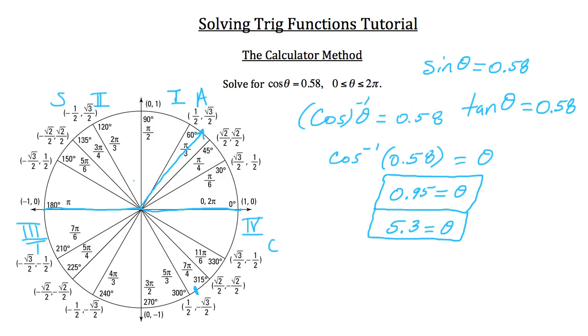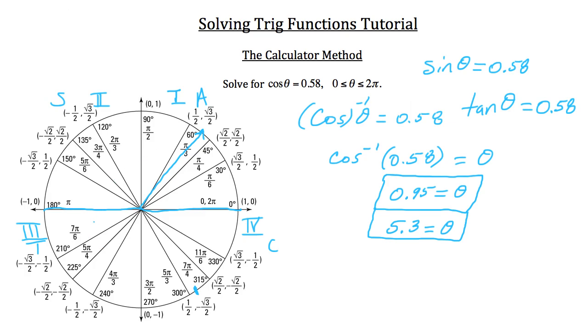Now, your calculator wouldn't have given you that second answer in quadrant 3, so the way to find it is to take pi, again, start from the x-axis, and go this direction because you want to be in this quadrant. You don't want to go up because you'll be in quadrant 2.